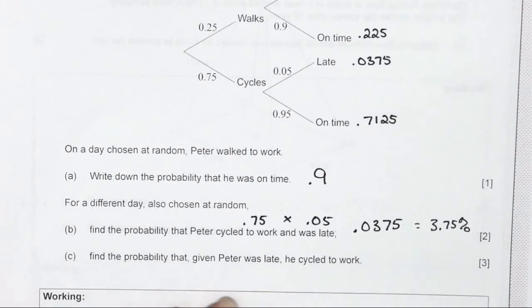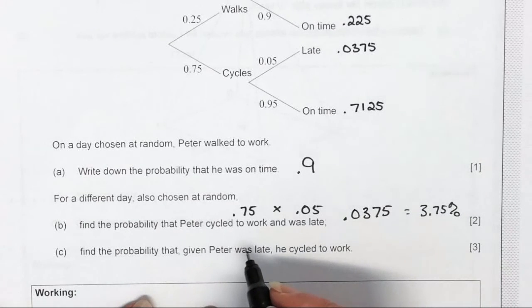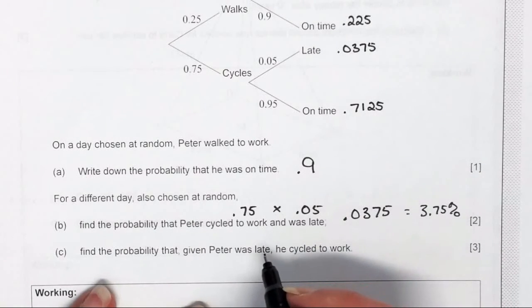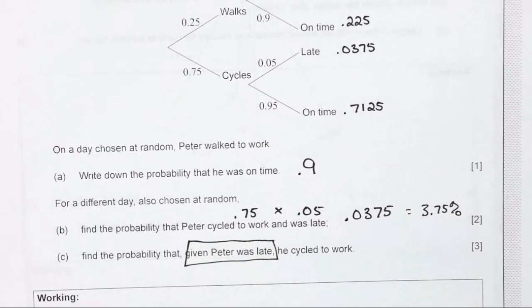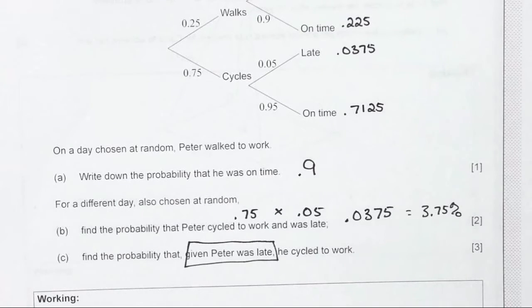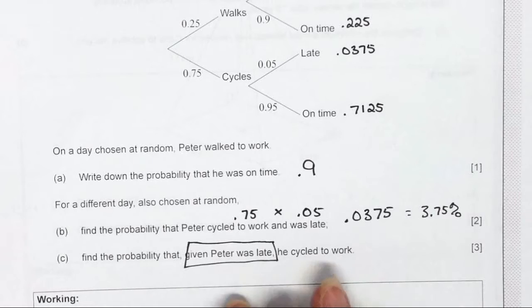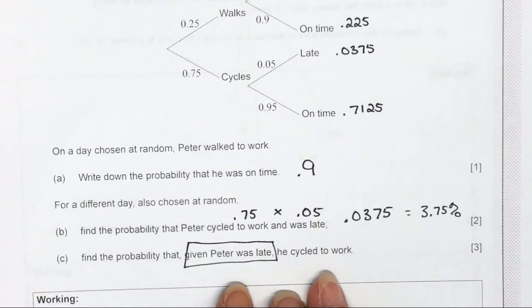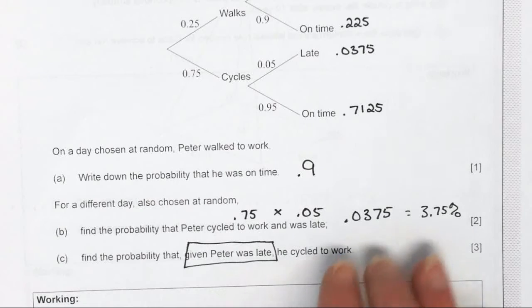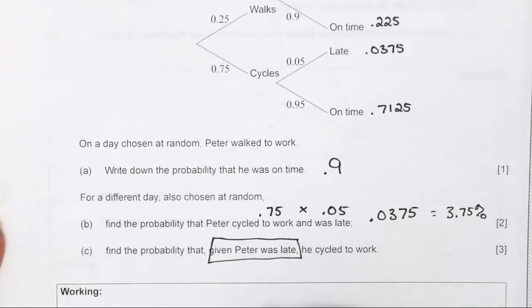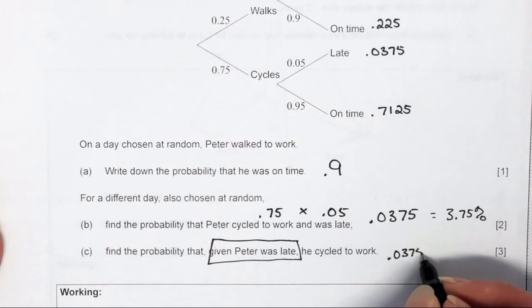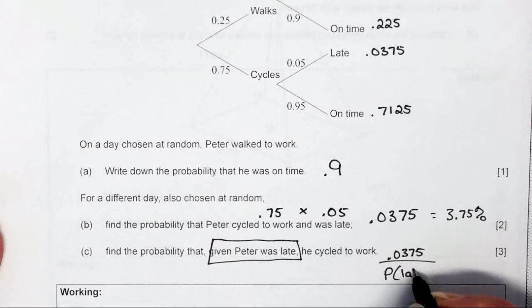The probability that, now here's the ones that are weird. Given that Peter was late, that he cycled to work. So first, do we know the probability of cycling and being late? 0.0375. That "given" means we need to divide by the probability that he was late at all.